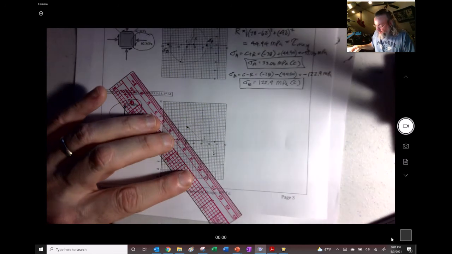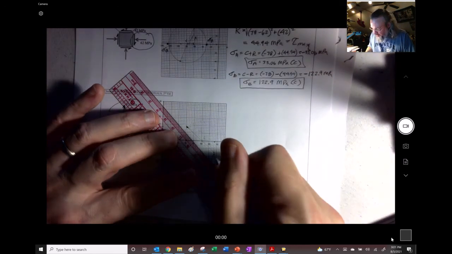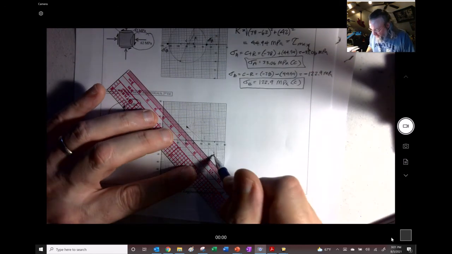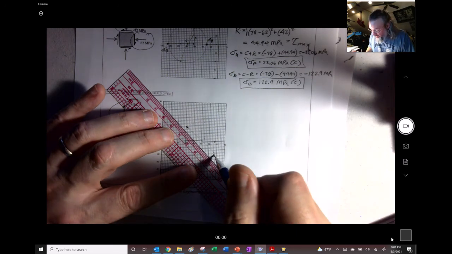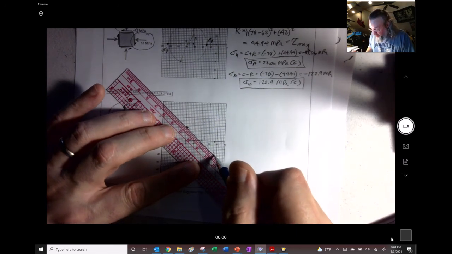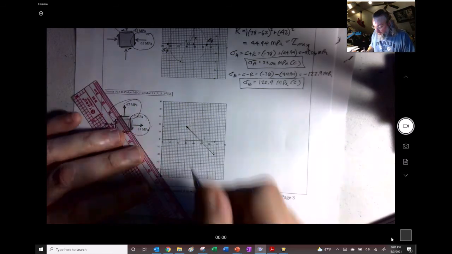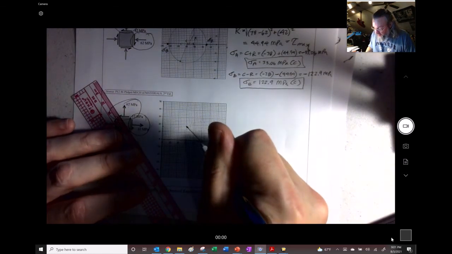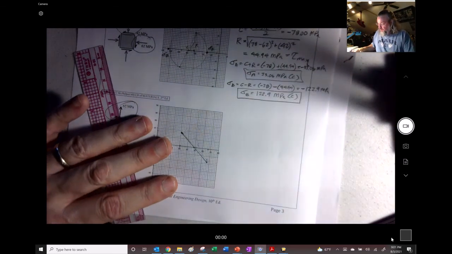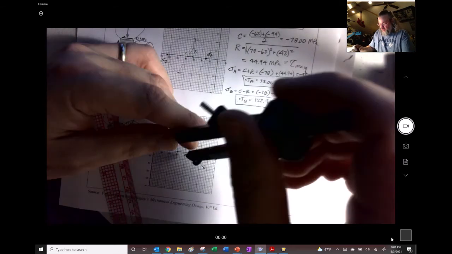And it wouldn't hurt to use the other. Oops, that's why I use a thick lead. I can't stand that. I put too much pressure on this thing and I break it all the time. There you go. That's a little bit better. All right, so let's see if I can do a little bit better of a job of it.